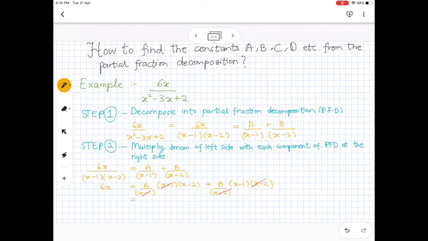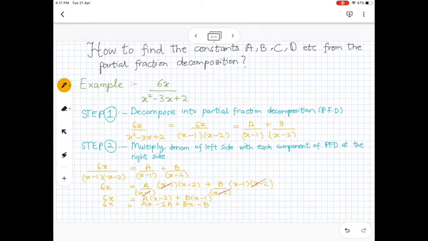Now the final answer will be 6x equals a times x minus 2 plus b times x minus 1. What you need to do next is expand it. So you multiply a with x minus 2, so that you will get ax minus 2a, plus bx minus b.